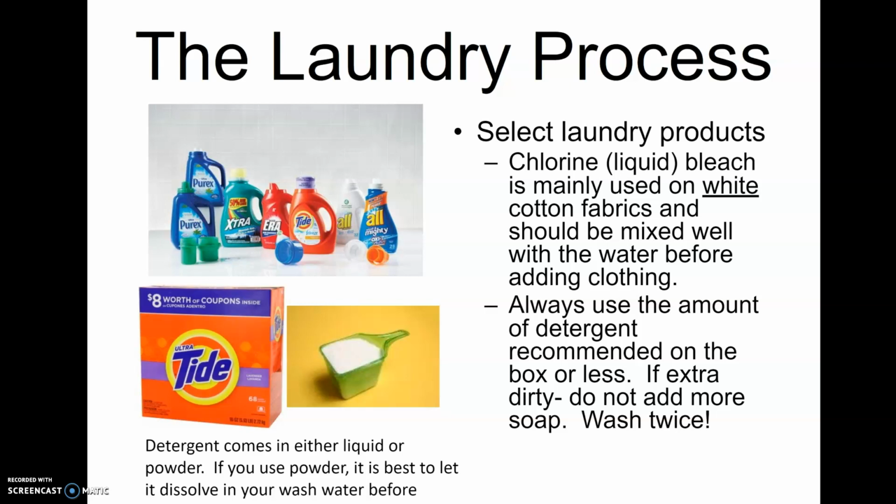If it's extra dirty, don't add more soap, just wash it twice. And you cannot add dishwashing detergent or soap to the laundry. It creates bubbles and it does not work. It is a mess. So only use detergents that are meant for washing machines.